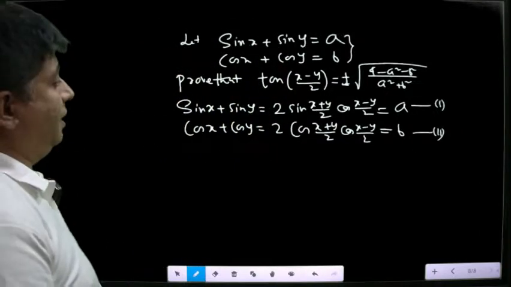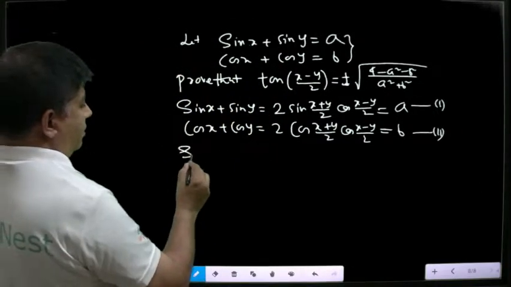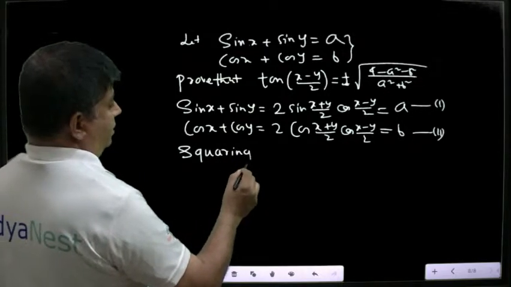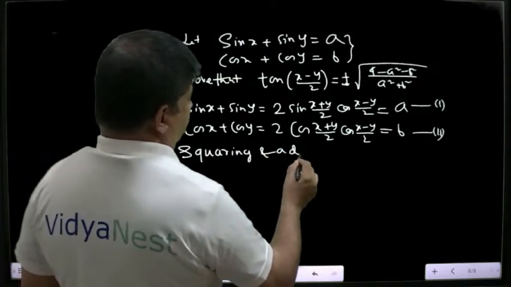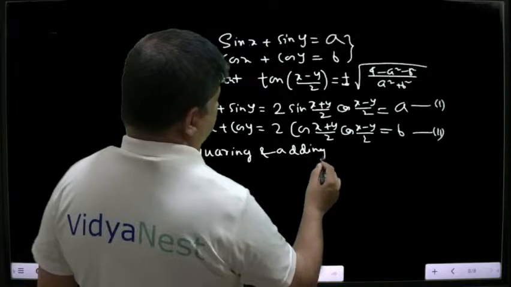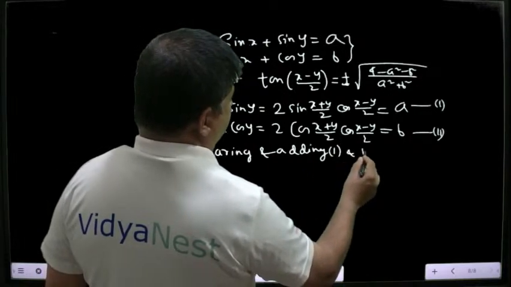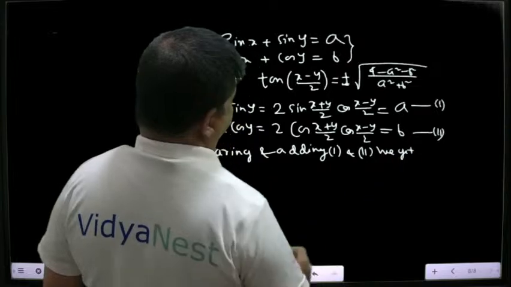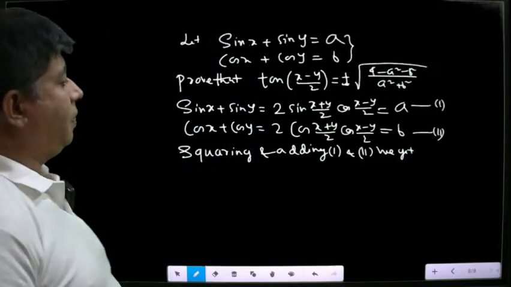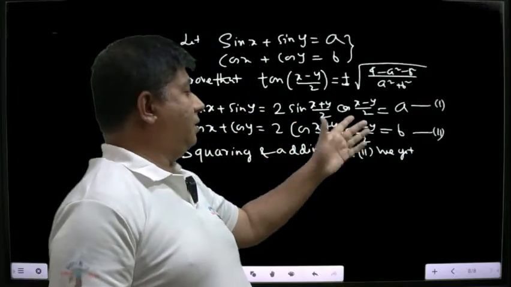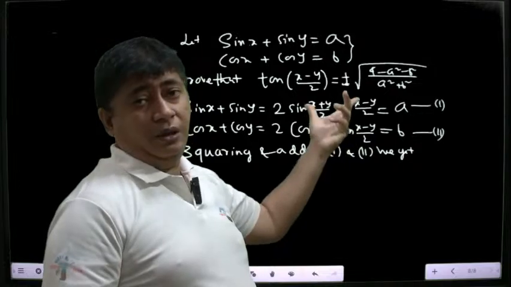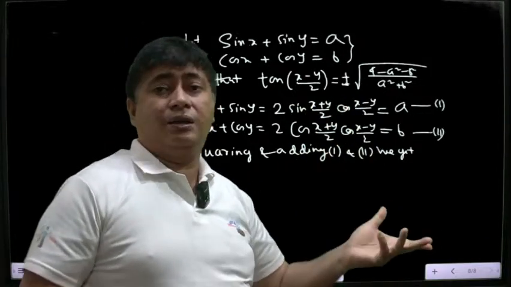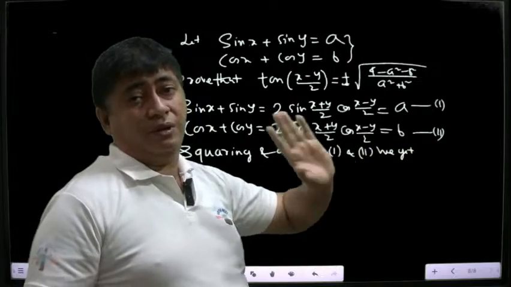Now, squaring and adding 1 and 2, we get, first of all, square of both the equations, left hand side will be added, square of both the equations of right hand side will be added.